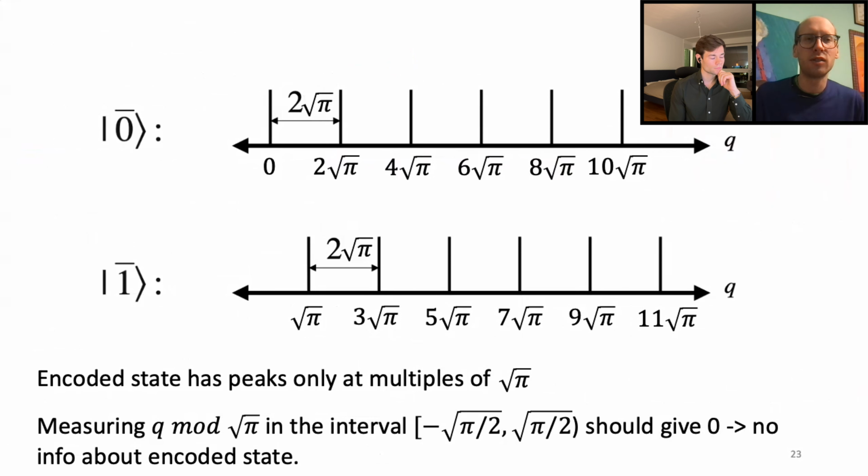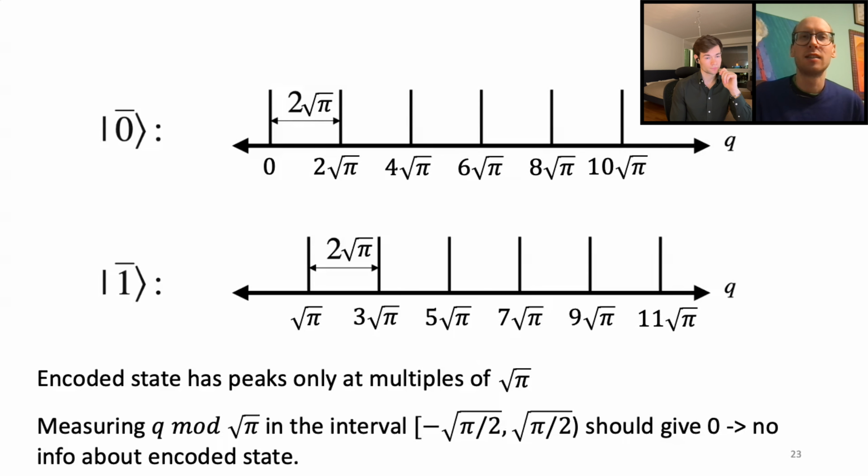And now you would see that if you measure Q modulo square root of pi, such that your outcome lies in the interval between minus square root of pi over 2 and plus square root of pi over 2, no matter whether the state is 0, or 1, or any superposition of the two, we should get outcome 0, right?